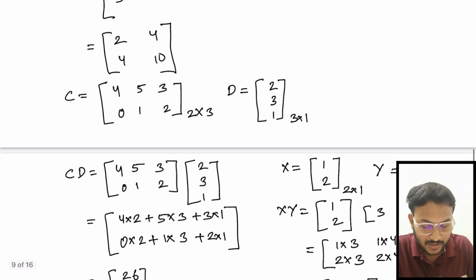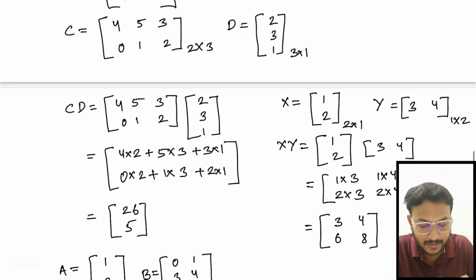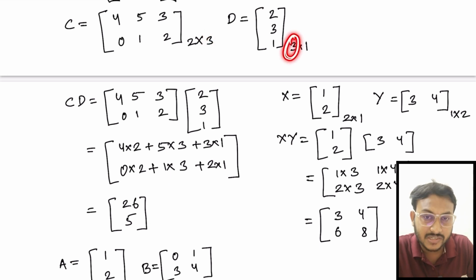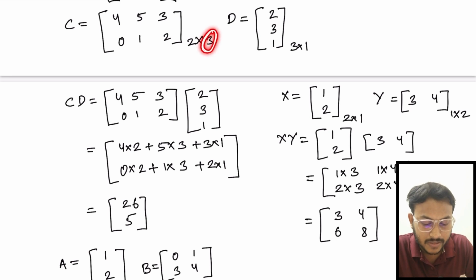You can see in the second example the number of columns is 3 and the number of rows is 3. So we have to see the number of columns in the first matrix and the number of rows in the second matrix.